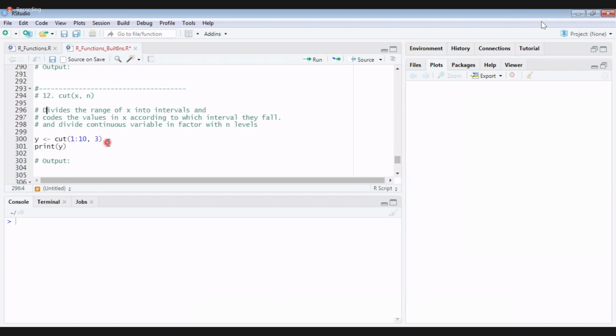Now we look at the output and try to understand. I have values 1 to 10. Then I am telling it how many intervals I want to divide into. I want to divide into 3 intervals.